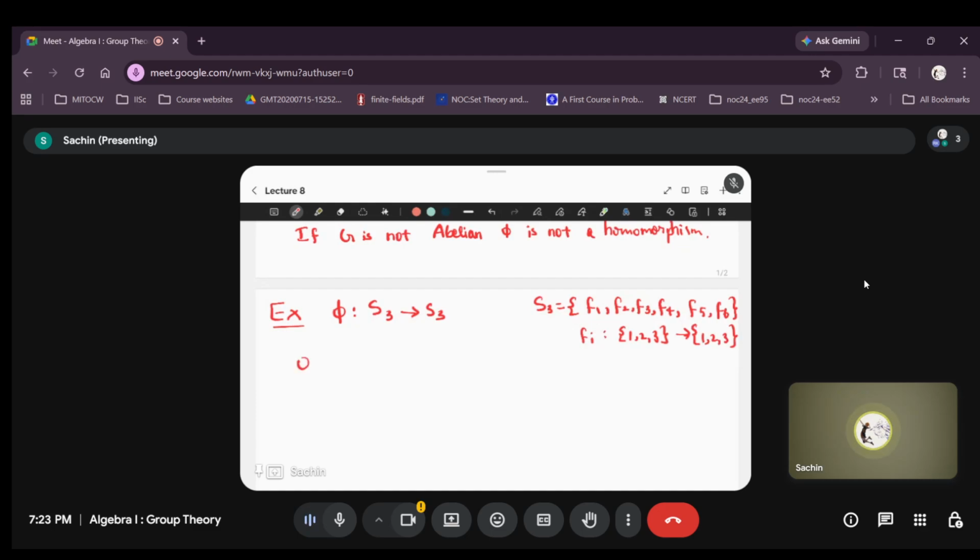Now phi is a function on the set of functions. We'll define phi of Fi to be Fi square.